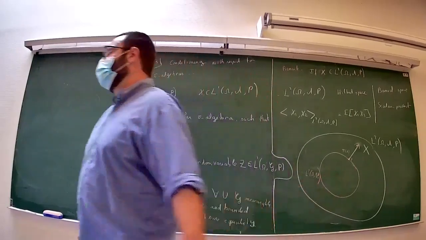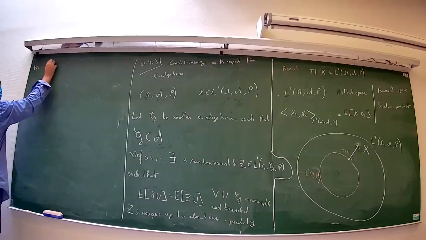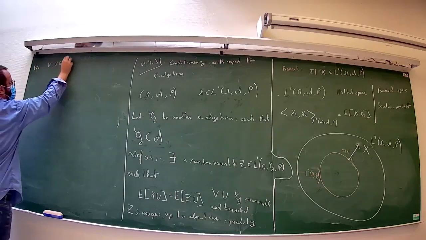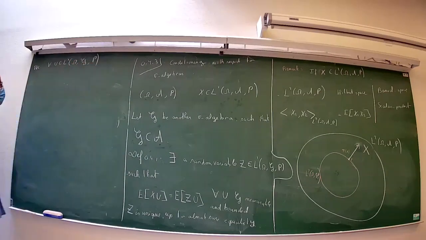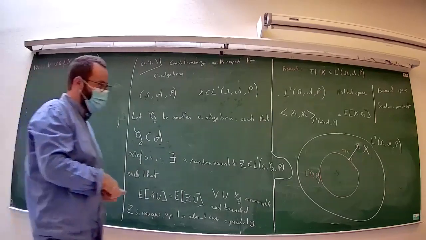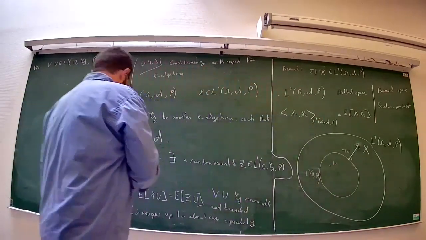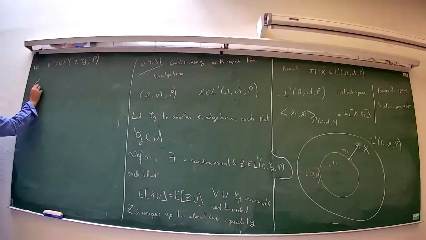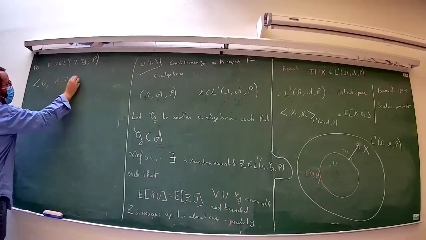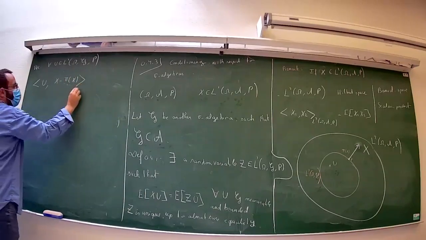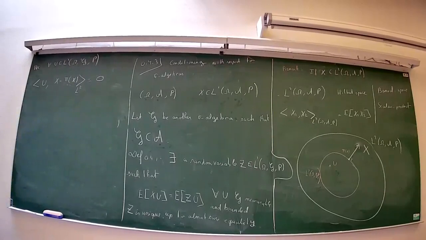So for all u belonging to L2 of omega, G, P, we have that the scalar product of u and the vector X minus pi of X is equal to 0, because I have the orthogonality.